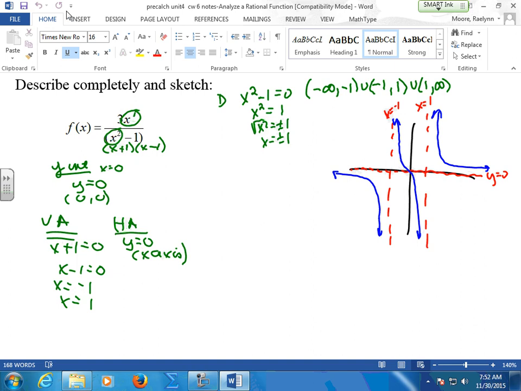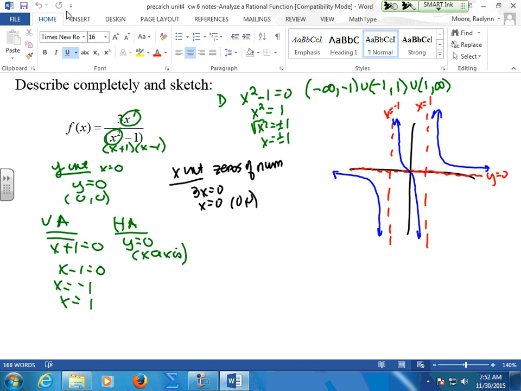All right, so x-intercepts. We did your y-intercept. Let's do your x-intercept. These are the zeros of your numerator. So we take 3x and we set it equal to 0. And we can see the only time it crosses is at (0, 0).